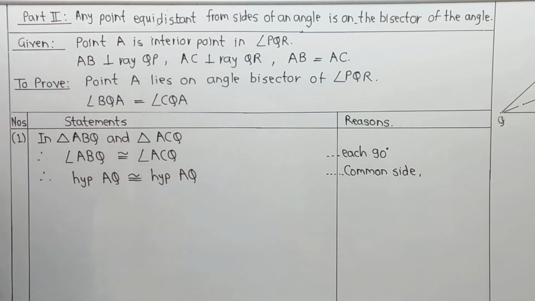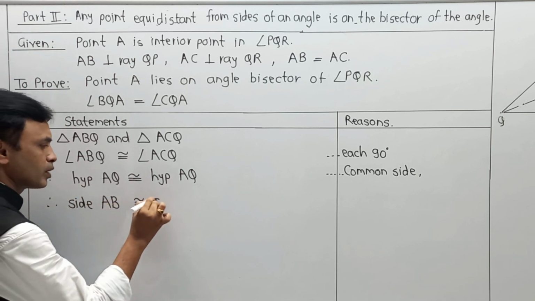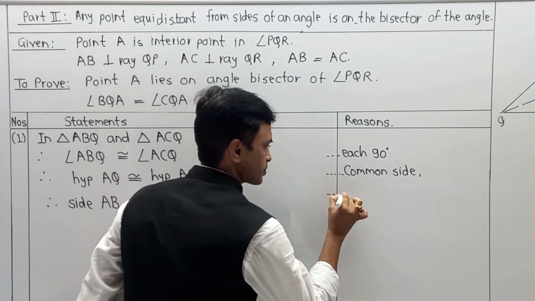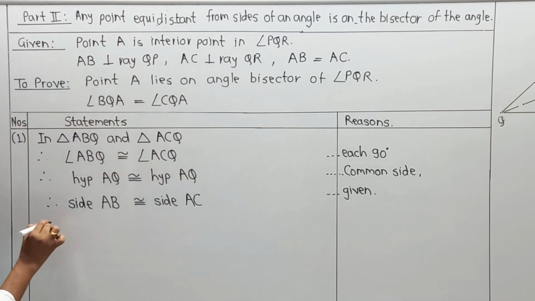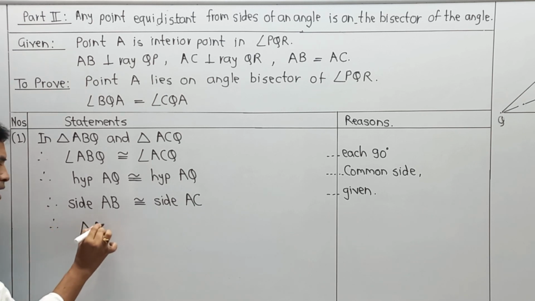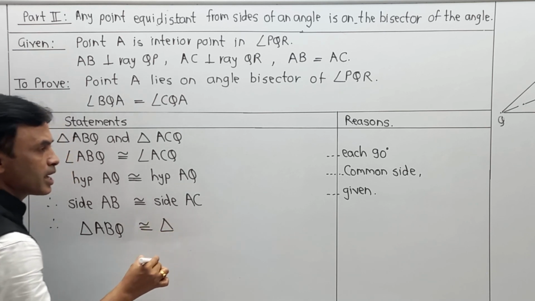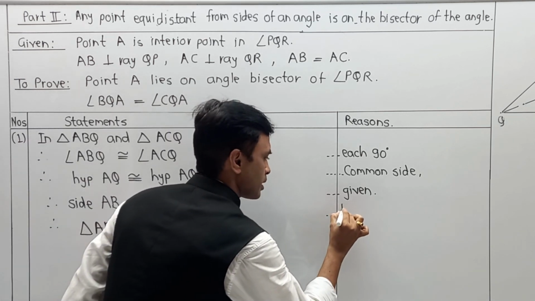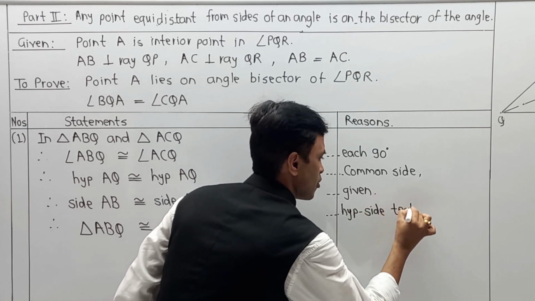Next, segment AB congruent to segment AC, or you can say that side AB is congruent to side AC, reason given. Naturally we can say that triangle ABQ is congruent to triangle ACQ by hypotenuse side test of congruency.